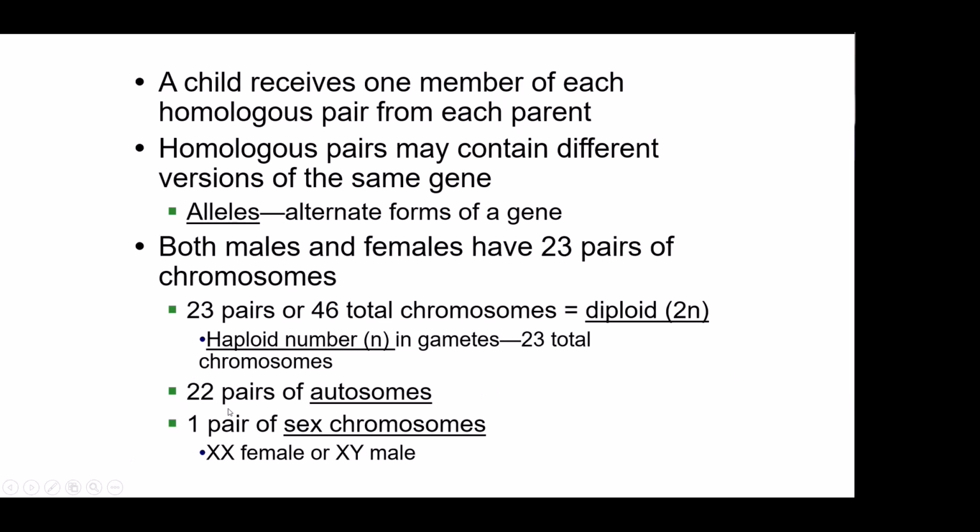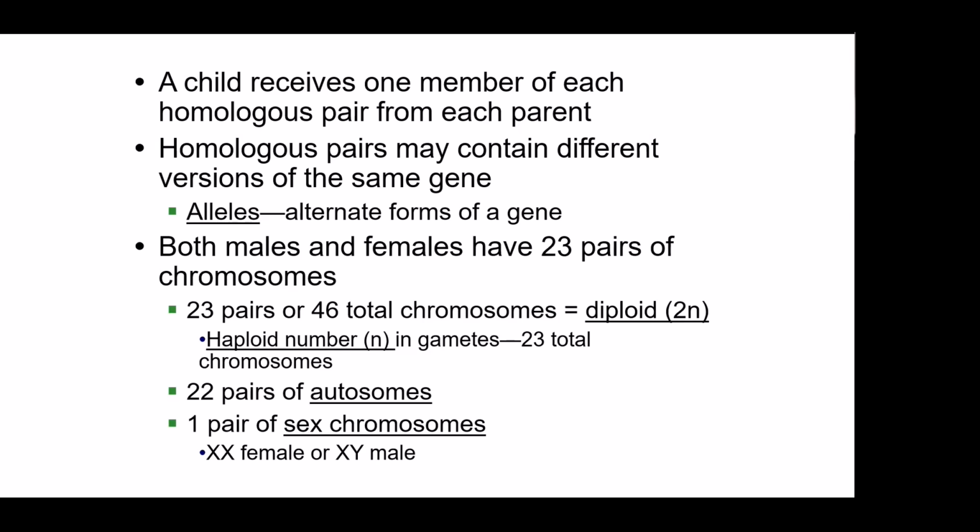Now, of those 23, 22 of those pairs, or 44 of those total chromosomes, are what are known as autosomes. These are the things that will encode for what color eyes you have, some aspects of, say, your hair, or other components.